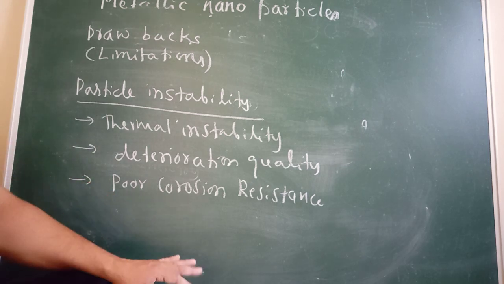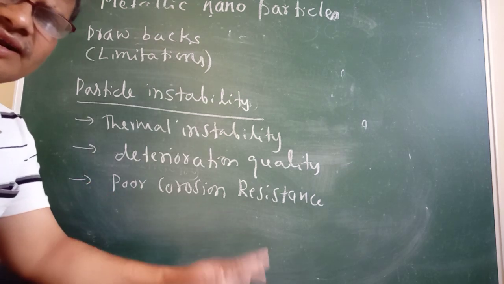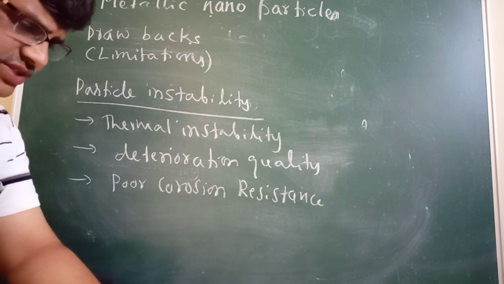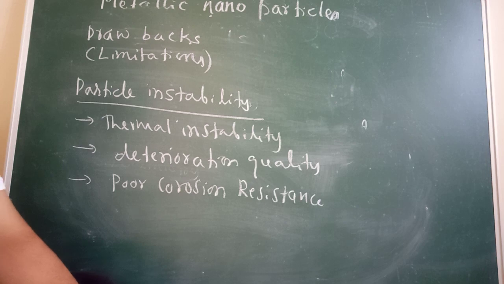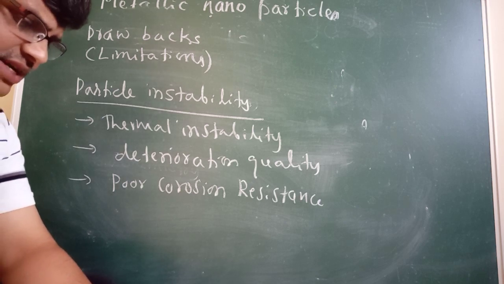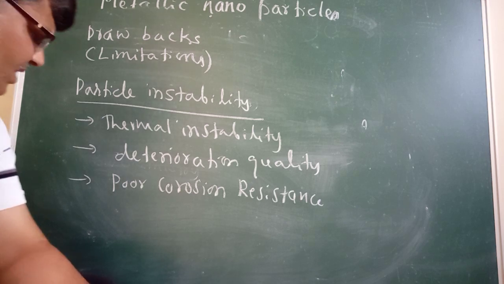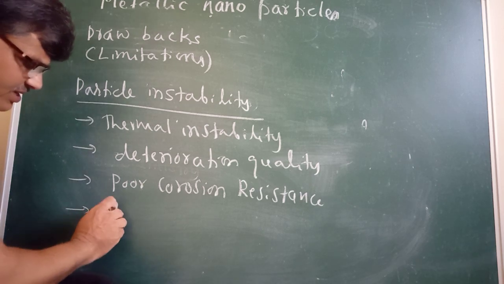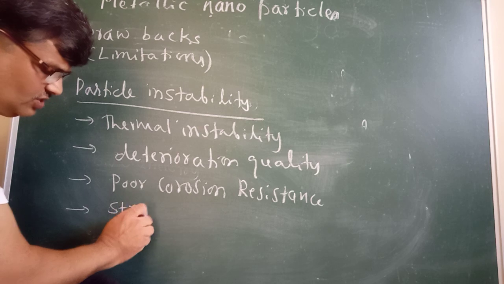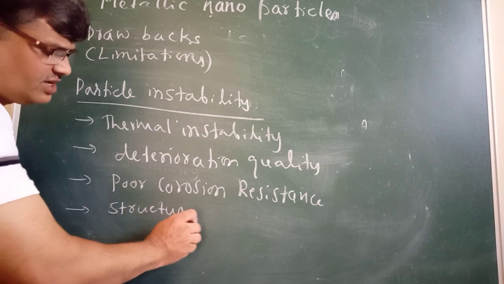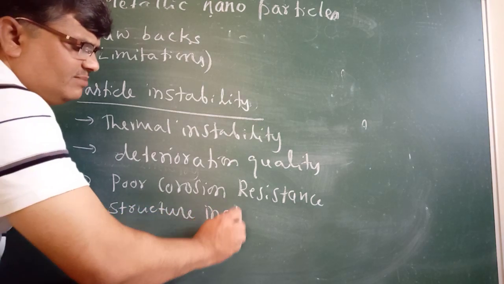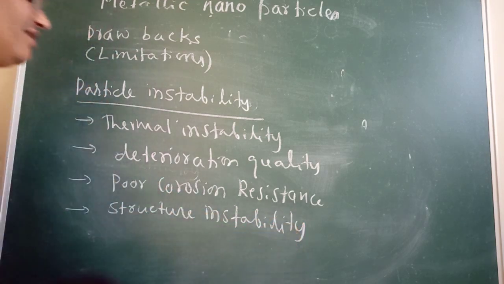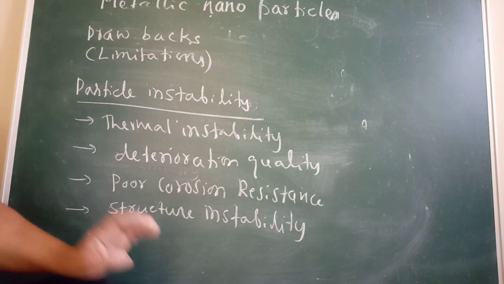What is corrosion? Corrosion is nothing but oxide of that metal. Compared to the bulk metal, the corrosion resistance is very low for these. Suddenly they get corroded, so they cannot retain the structure properly.